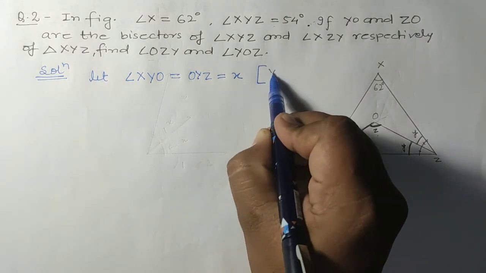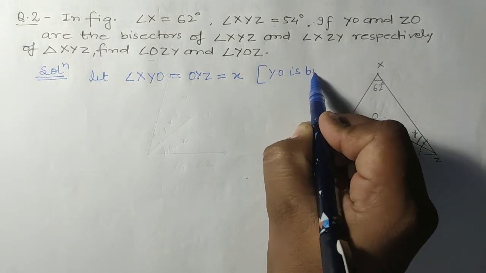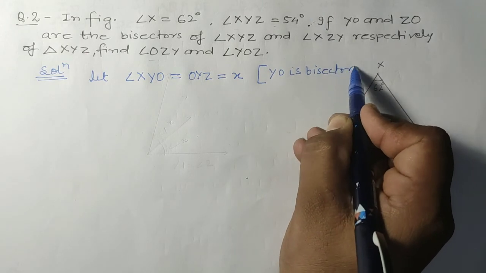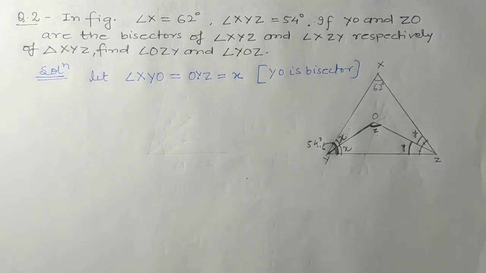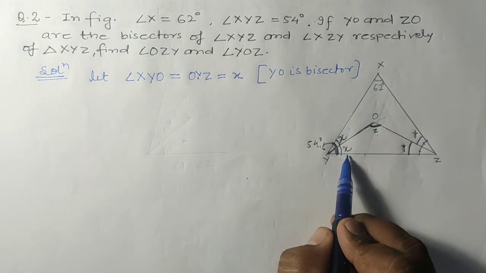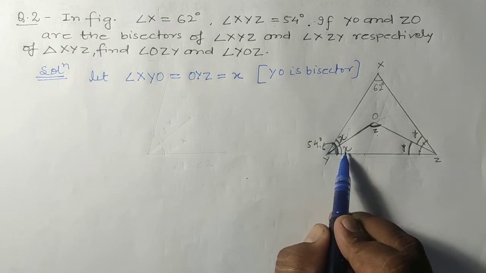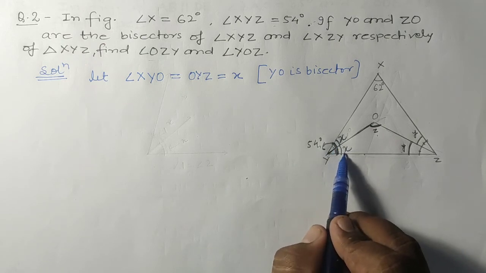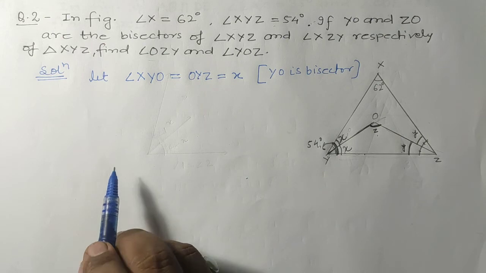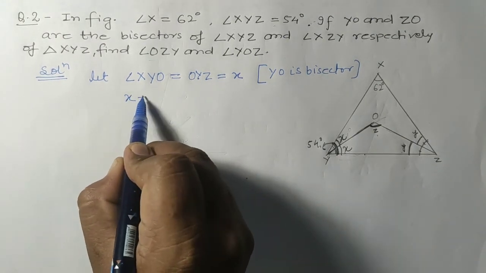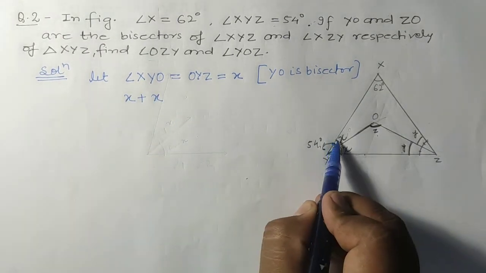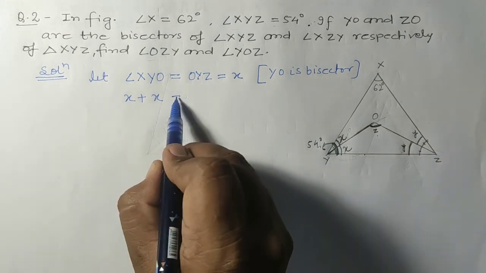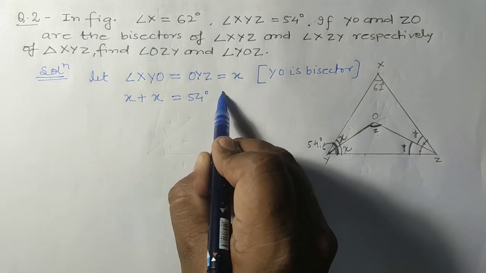Because the reason is YO is the bisector. Reason is YO is the bisector, so we have made it x. Now students, according to the question, x plus x, the sum of these two angles, is 54 degrees. It is given.